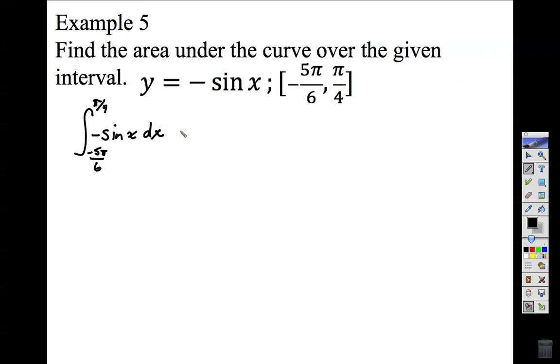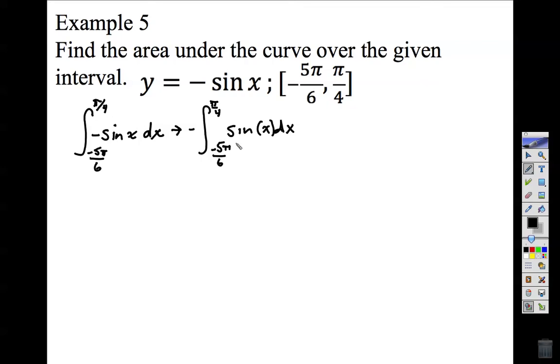Since this is negative, I can factor out the negative, the definite integral between -5 pi over 6 to pi over 4 of sine of x dx.